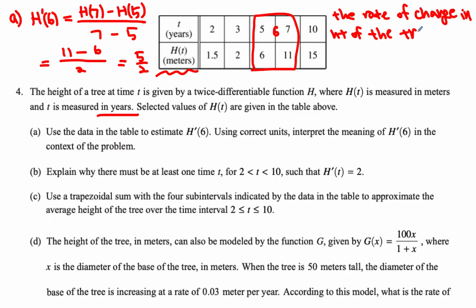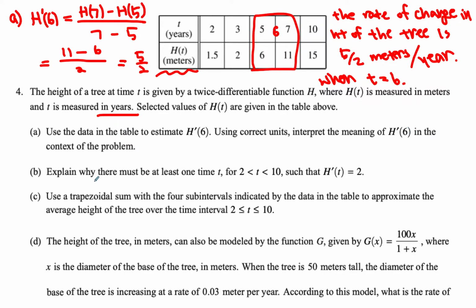It is 5 over 2 meters per year. So that's how much it's basically growing when t is equal to 6 years.